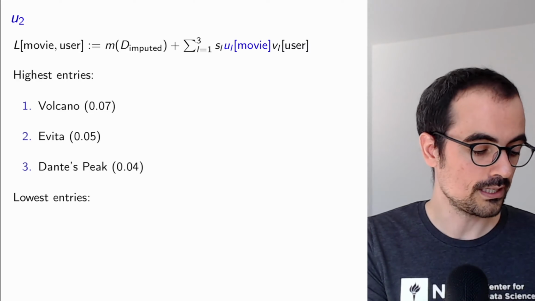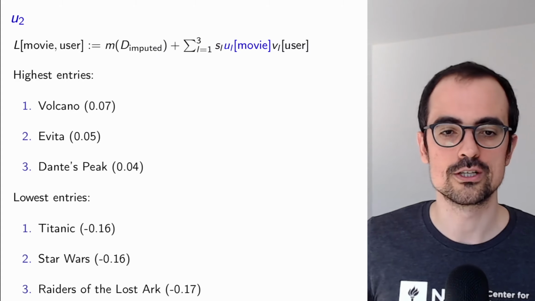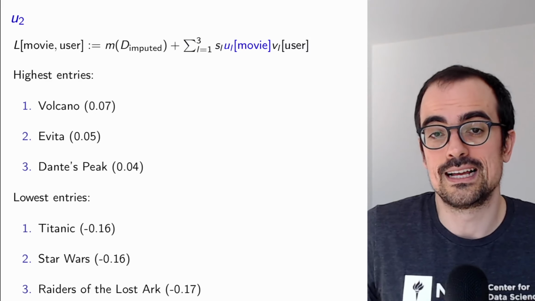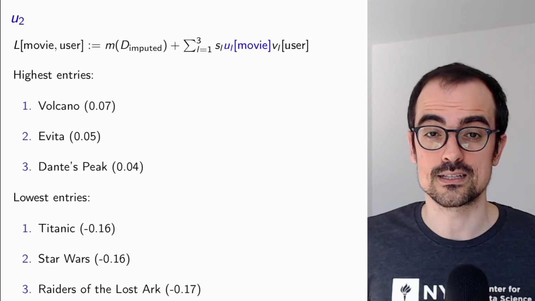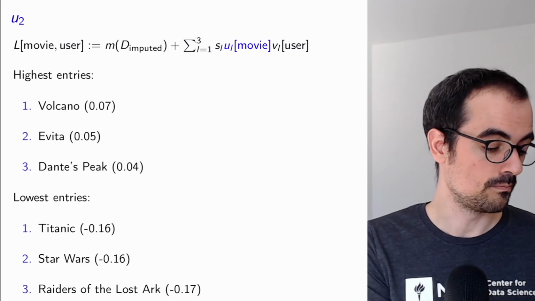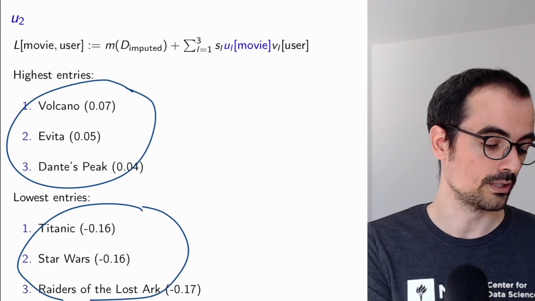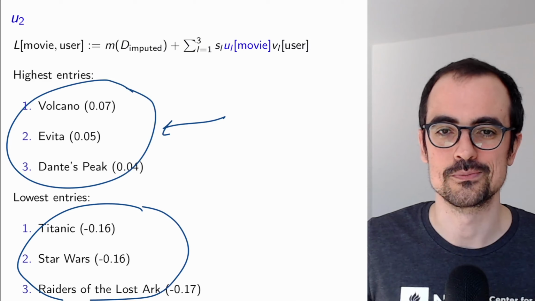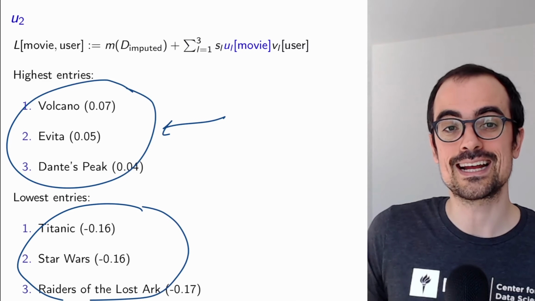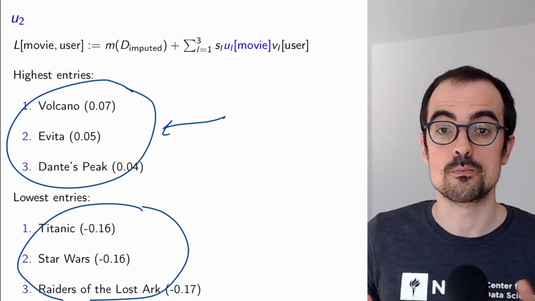The lowest entries here are Titanic, Star Wars, and Raiders of the Lost Ark. So they're essentially movies that were extremely successful in terms of box office. These are bad movies that actually were not even box office successes. They were box office failures. So the second factor seems to capture commercial success.